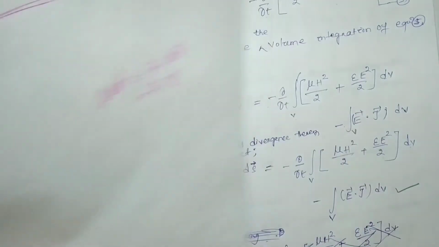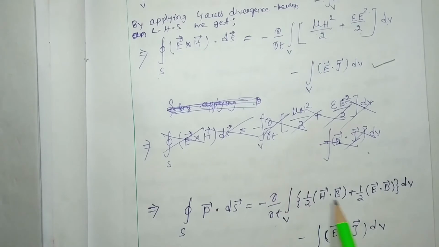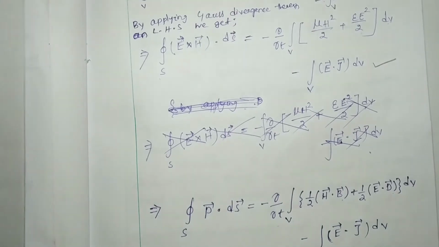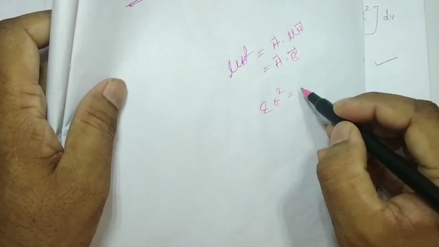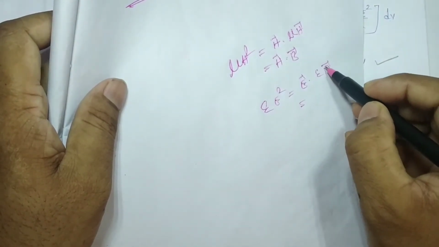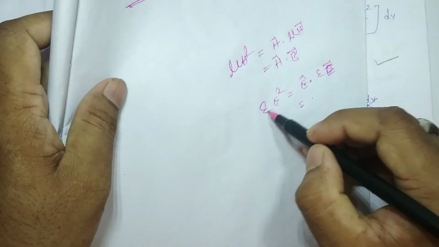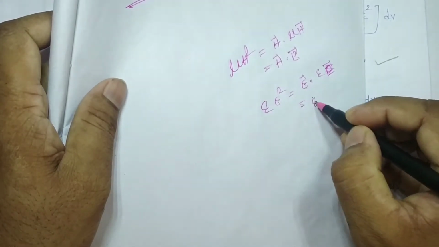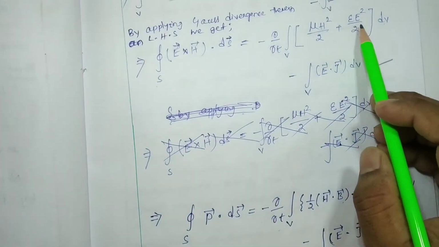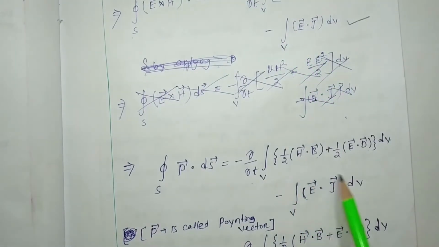So instead of mu H square, it has been written as half H dot B. Similarly, epsilon E square can be written as E dot D, because epsilon E square is nothing but E dot epsilon E, that means E dot D. So we have E dot D into dV, and the last term as usual I have written over here.